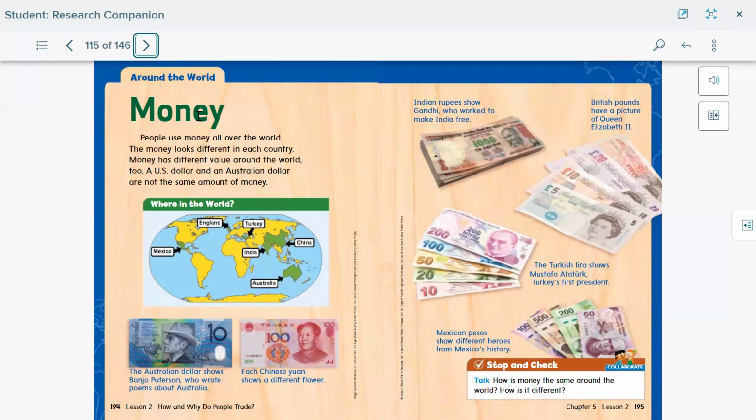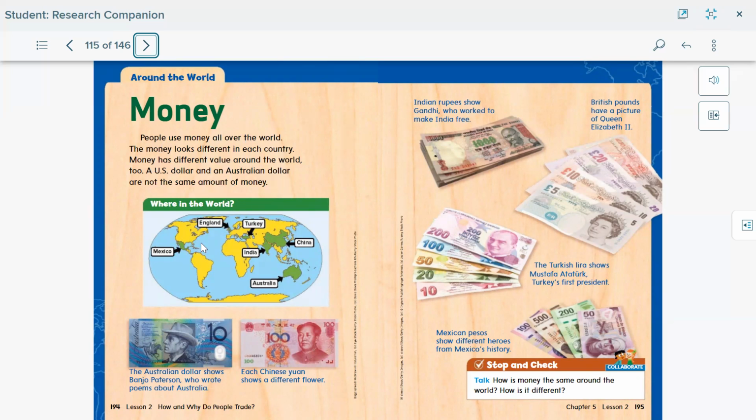All right, around the world. So we're going to see money from different parts of the world. People use money all over the world. Money looks different in each country. Money has different value around the world too. A US dollar and an Australian dollar are not the same amount of money, although they're both called dollars. That's an Australian dollar and that's an American dollar. So this is where the world is.